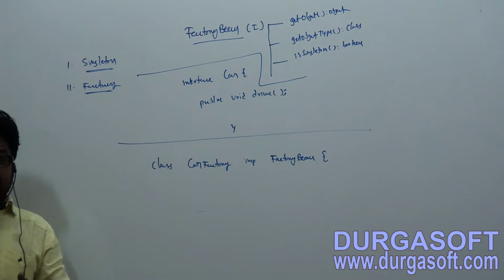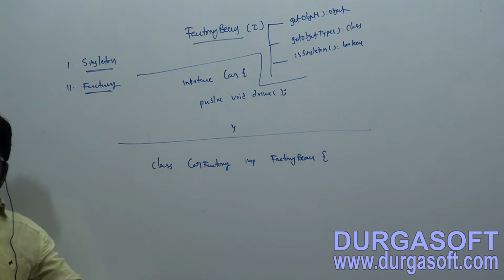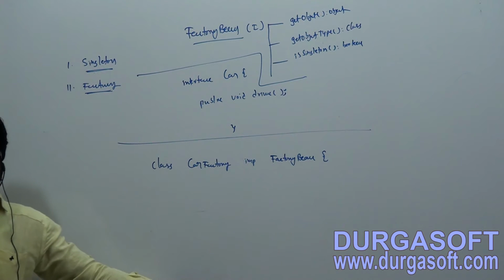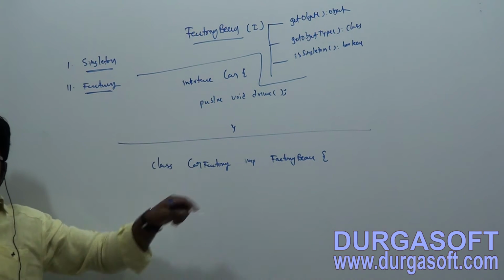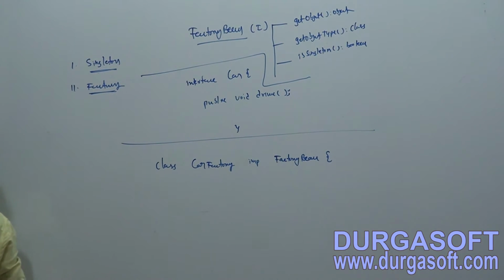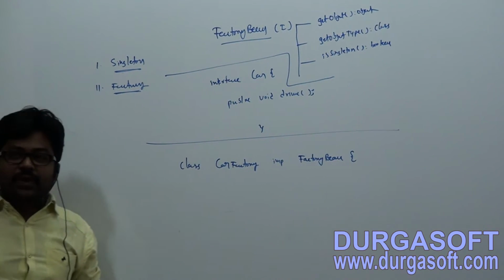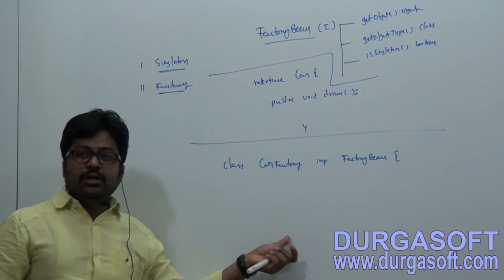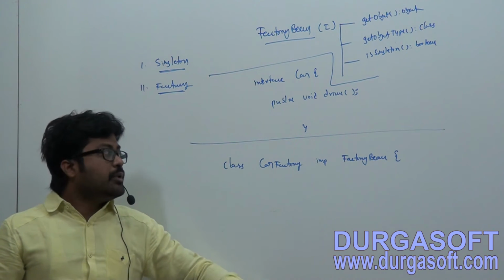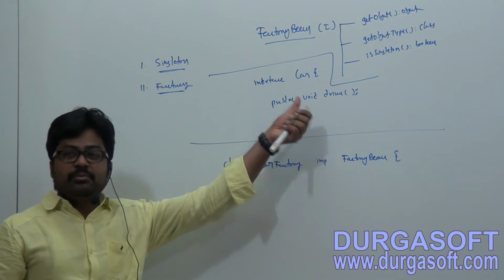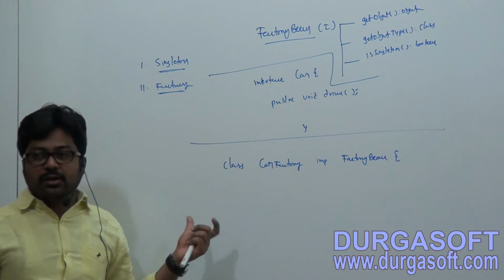In case of static factory, this class needs to have a static method, from which we return our required Car implementation class object. In the non-static instance factory approach, we need not have any static method. By using instance methods itself, you can create a Car implementation object and return that object.